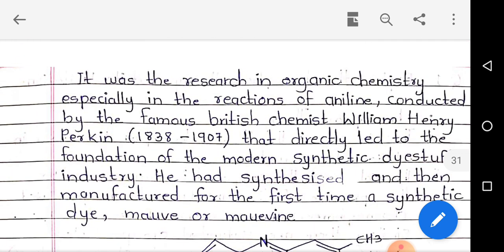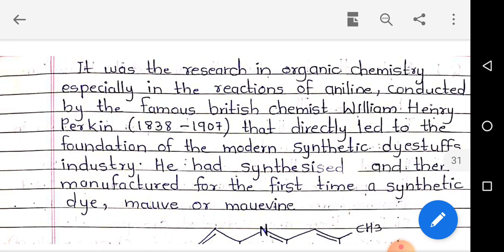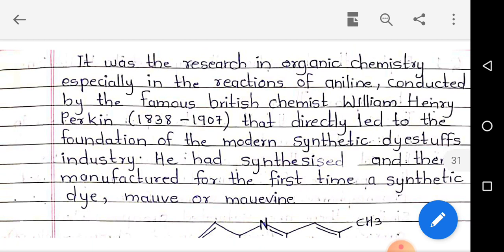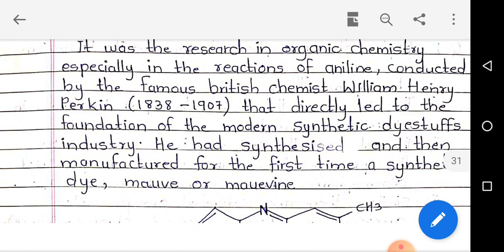It was research in organic chemistry, especially in the reactions of aniline, conducted by the famous British chemist William Henry Perkin, who lived from 1838 to 1907, that directly led to the foundation of the modern synthetic dyestuffs industry.